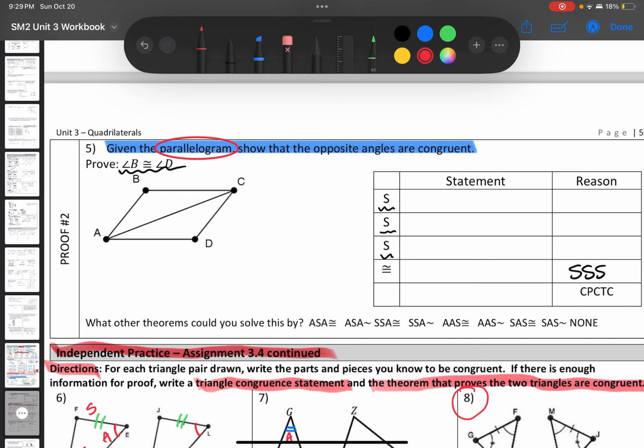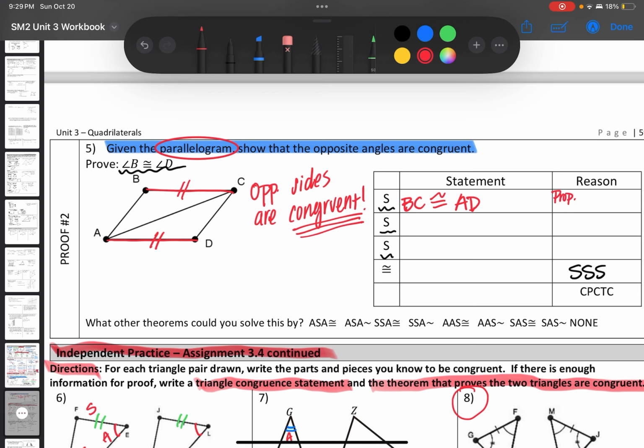What do we know about parallelograms? That opposite sides are congruent. If you don't remember that, go back to your notes. I know that opposite sides are congruent in parallelograms. So that means BC is congruent to AD. There's my first statement, and the reason is that it's a property of a parallelogram.